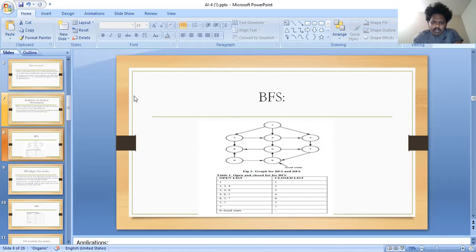In this, the closed path is 2, then 3 4 6, where the closed path is 3, then 4 6 5, where the closed path is 4, then 6 5 7, where the closed path is 6, and 5 7, where the closed path is 5. Finally the goal state is 8. There is no closed state at the goal state. It is open.